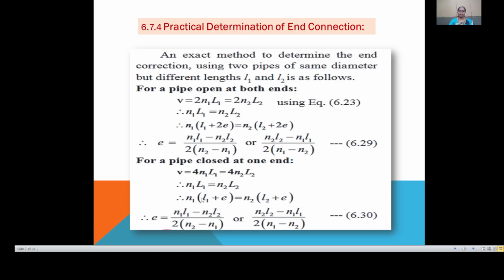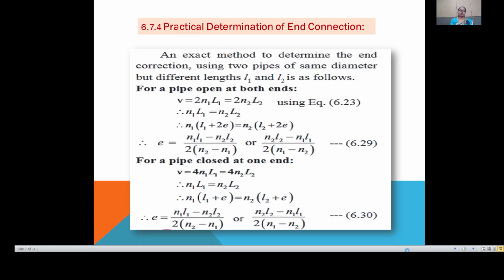Then the corrected length for L1 is L1 plus E, and for L2 it is L2 plus E. Then we get the equation N1(L1 plus E) is equal to N2(L2 plus E), and E is equal to (N1L1 minus N2L2) divided by (N2 minus N1), or (N2L2 minus N1L1) divided by (N1 minus N2).